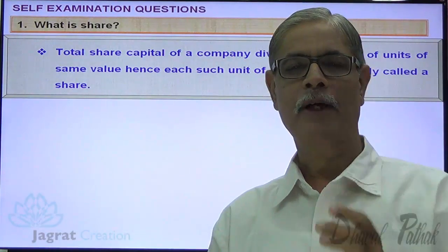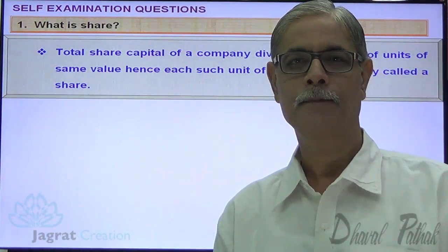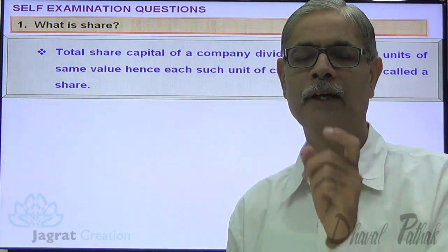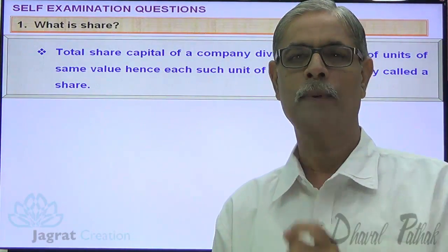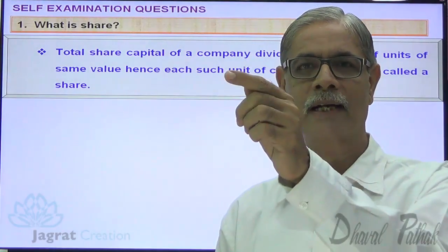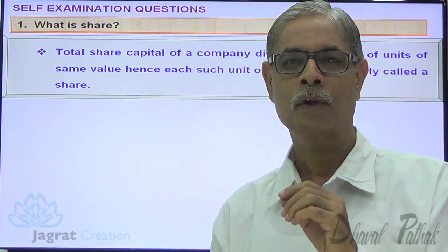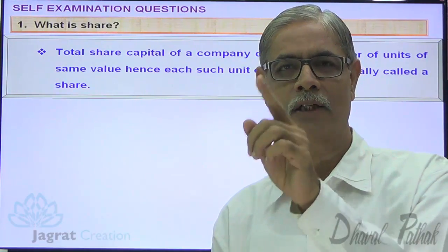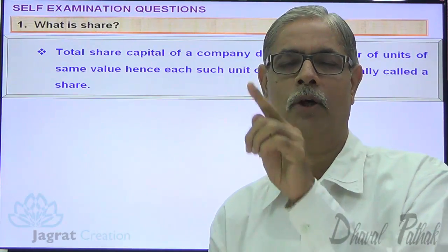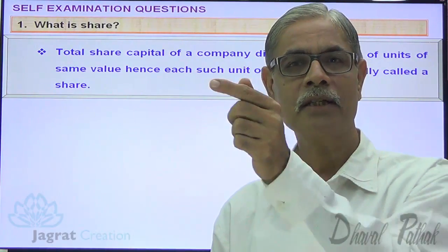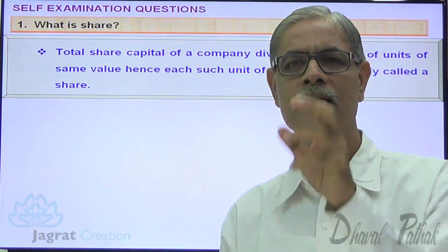Suppose the total capital of a company is 1 lakh, divided into small units of 100 rupees. So 1 lakh divided by 100 gives 1000 shares. So 1000 is the total number of shares, the total number of units, and each unit is of 100. Each such unit of rupees 100 is known as a share.